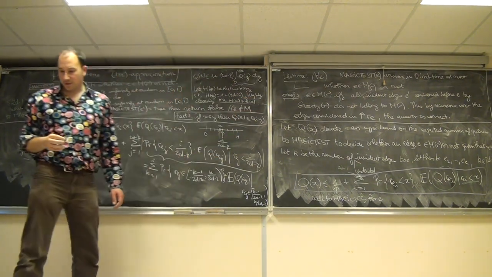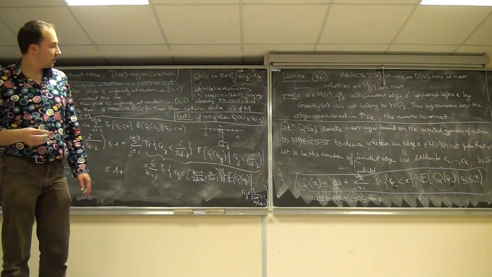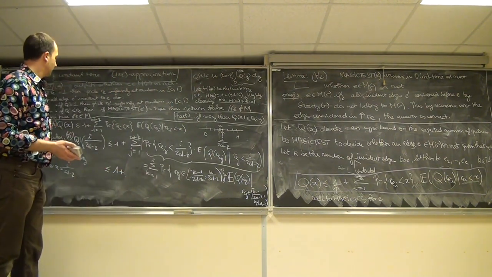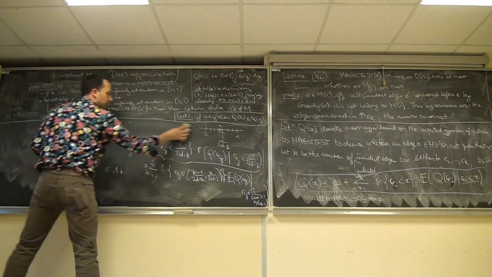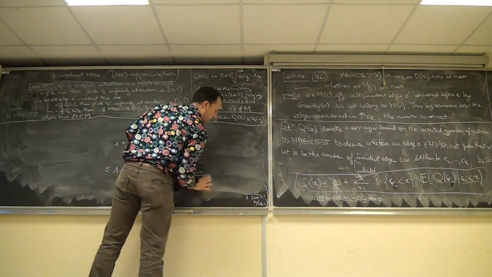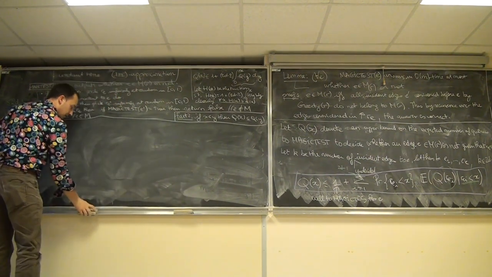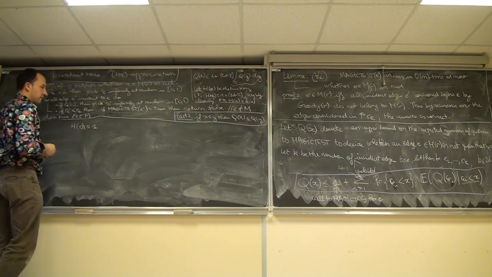So I need an initial value. What can I say about the initial value? h of 0 is 0. Is it enough? Yeah. h of 0 is 1, right? So h of 0 is 1.